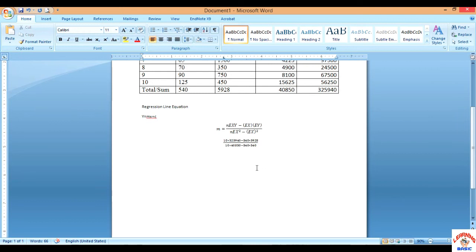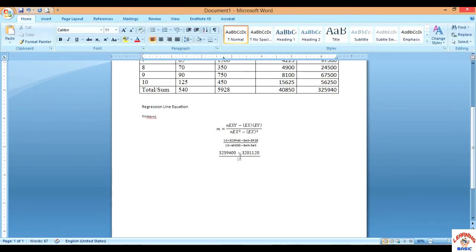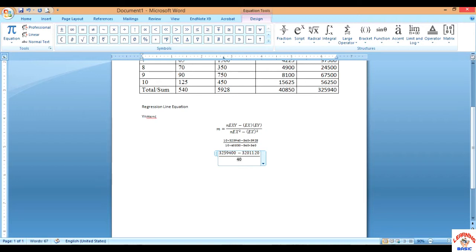So let us solve this. By solving, 325940 minus 320120, divided by 40850 minus 291600.